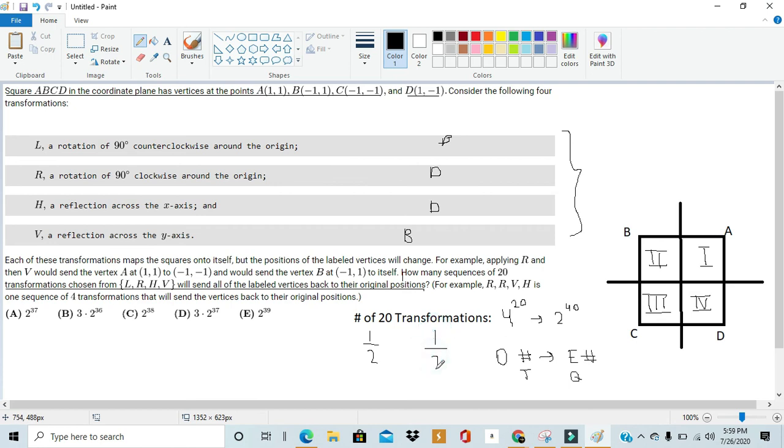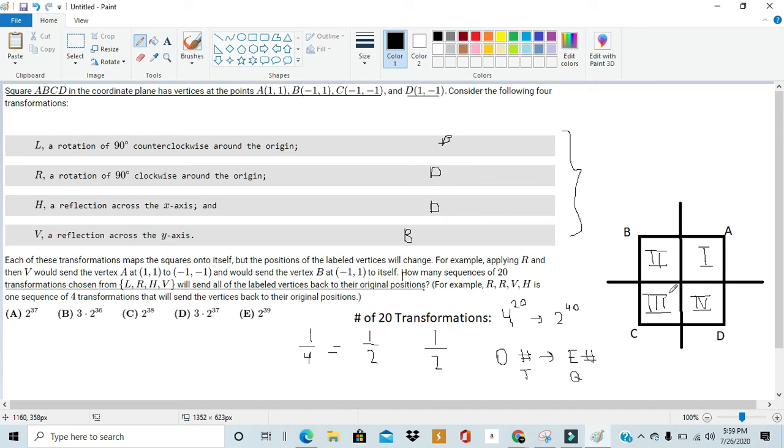So, after these 20 transformations, A has a 1/2 chance, and B has a 1/2 chance of being in the right place. So, collectively, that gives us a 1/4 chance of A lining up on A, B lining up on B, C lining up on C, and D lining up on D after these 20 sequence transformations.